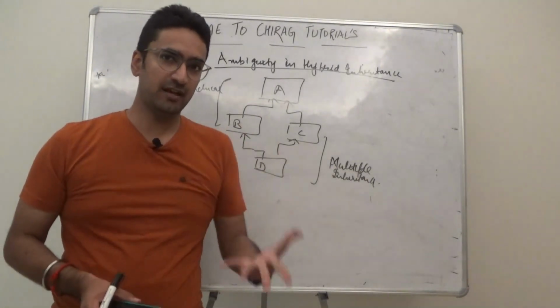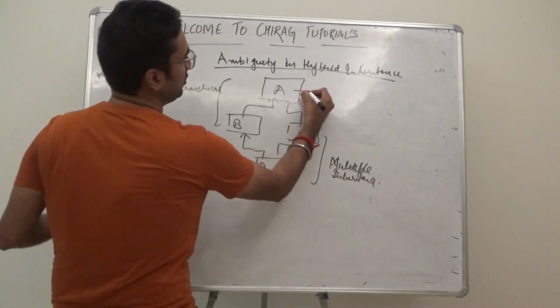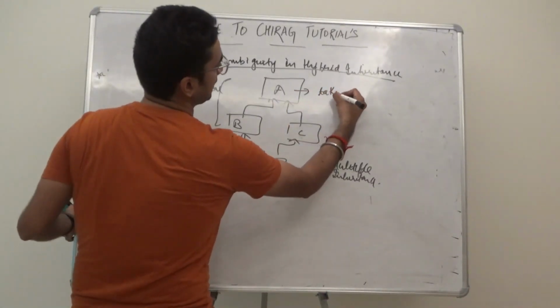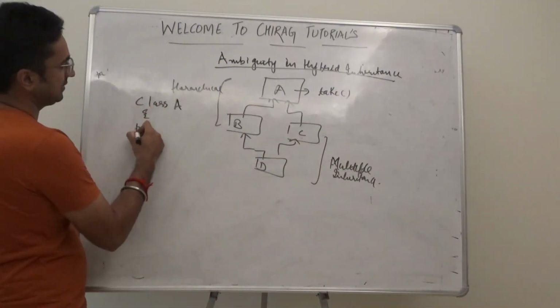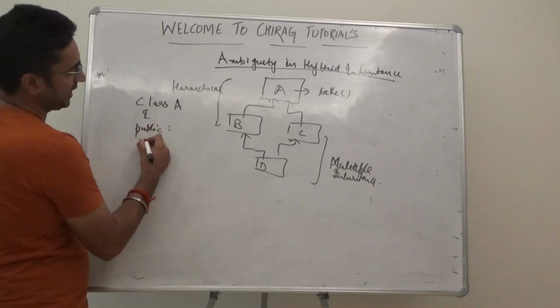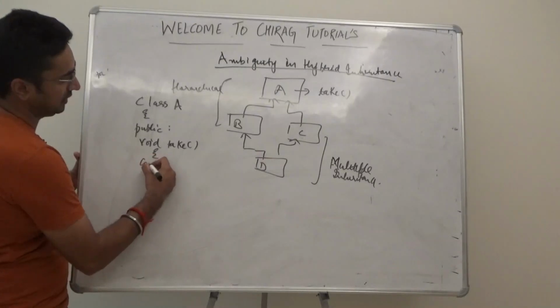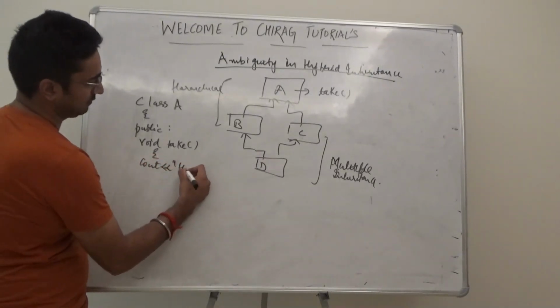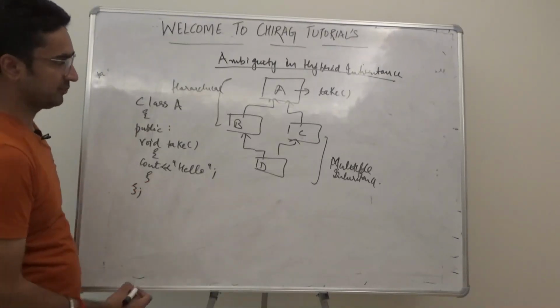So where will the error come? It's a very simple thing. If I use a take function in class A, let's say I create class A and in the public section I write void take and put cout hello. Class A is closed.